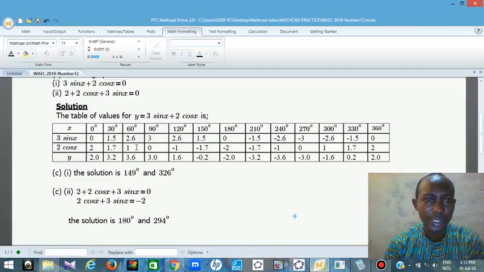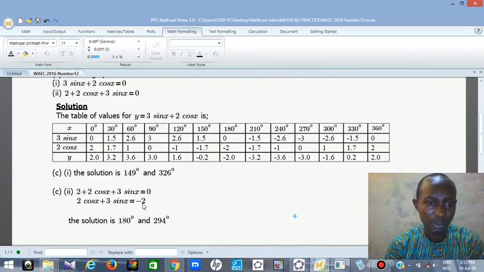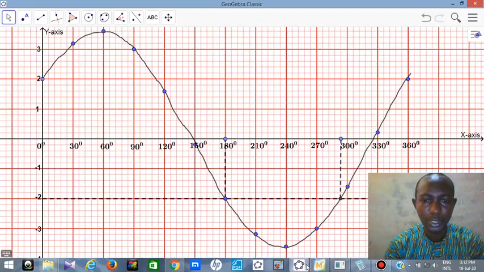Then for the second solution, you need to arrange this second equation to be in the form of the equation we just solved. By doing that, 2 needs to cross over to the other side, now becoming -2. The other side remains the same, that is the graph we just plotted, 3 sine x plus 2 cos x, which is y. So when y is -2, you come to your graph.